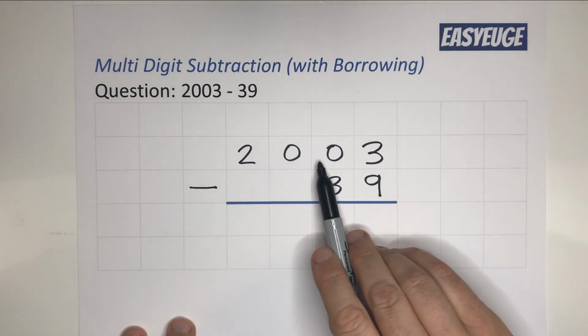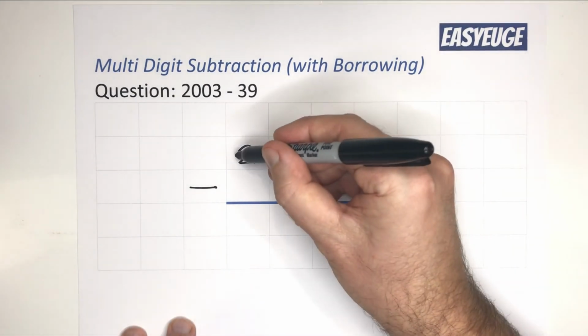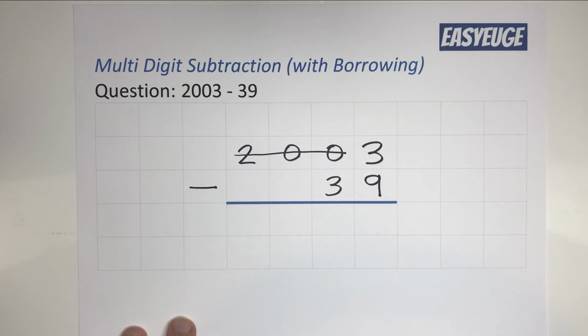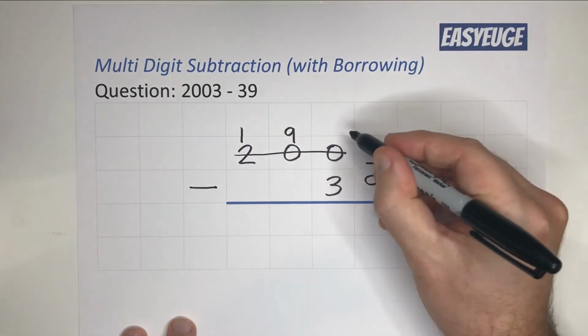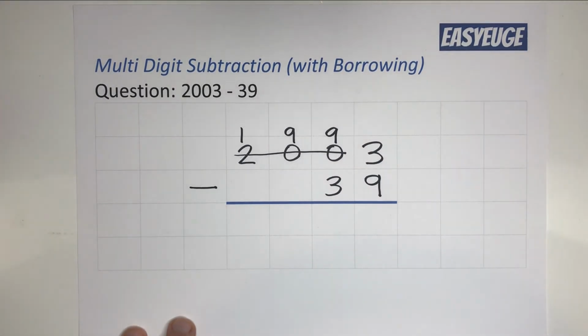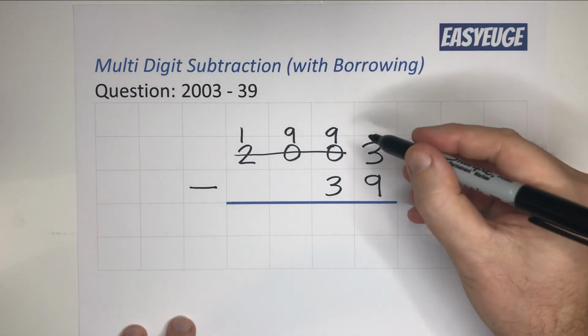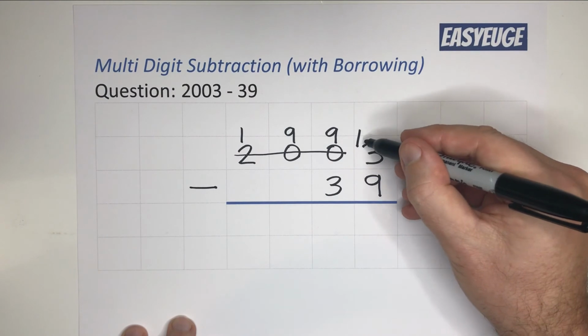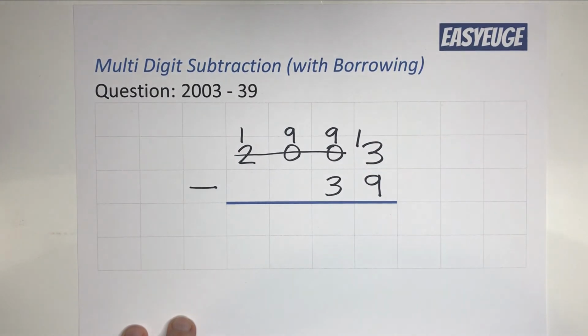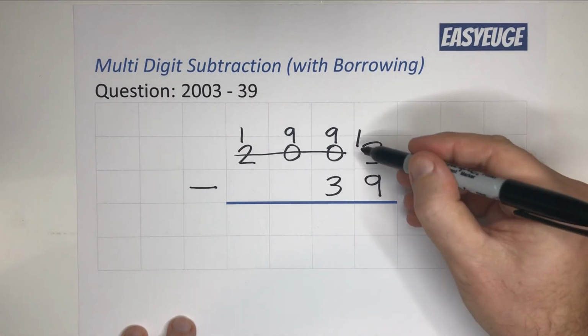But that's the number 200. Let's draw a line through 200 and reduce it down to 199, because 200 take away 1 is 199. And the one that we borrowed we'll give to the 3. And this becomes 13.